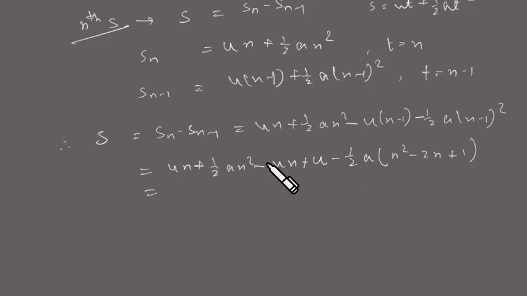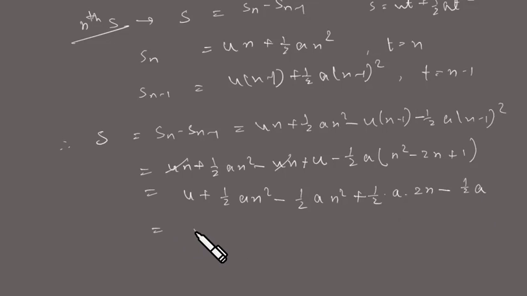The un cancels, so we get u plus half a n square, and breaking the bracket, minus half a n square plus half into a into 2n minus half into a.